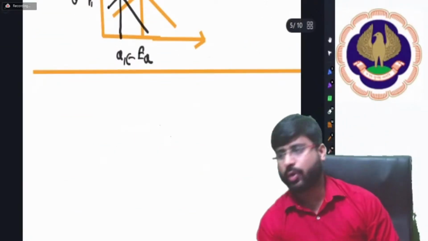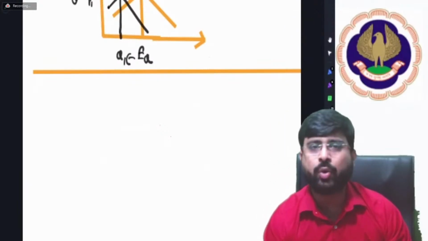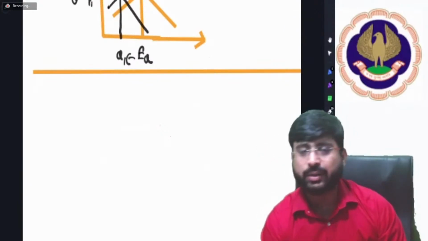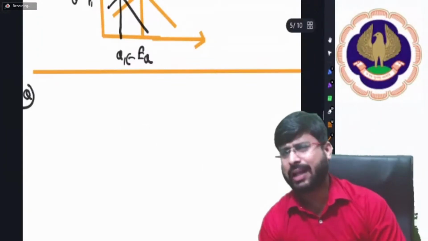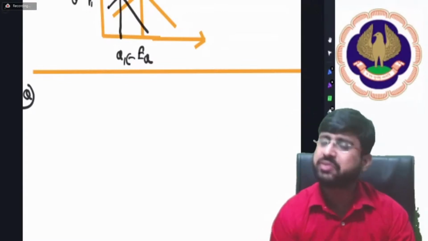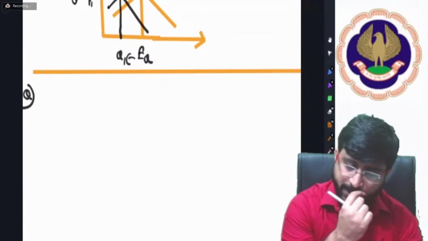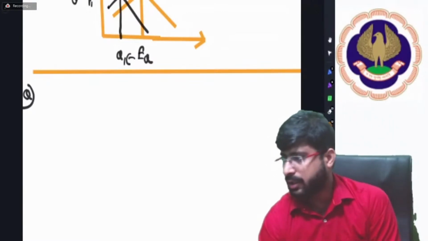Let me ask you another question then, so we will understand what is happening. Now, you will tell me what will happen in this given case. I'll give it to you in an MCQ format.